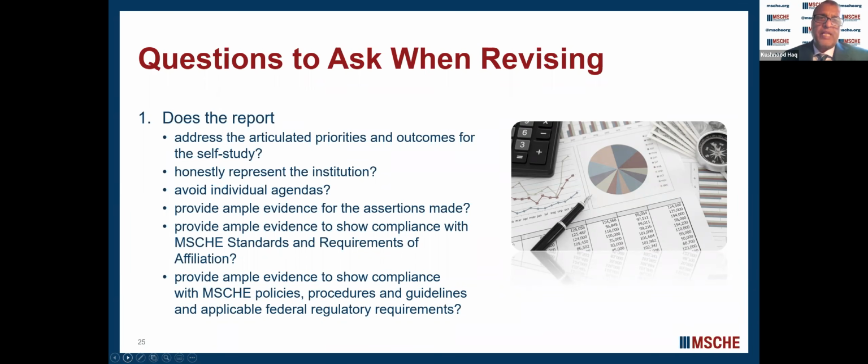It provides ample evidence for the assessment made, the assertions made, and that means that, again, the evidence inventory becomes really important. Yes, you're telling a holistic story through the lens of your own mission in one voice, but then you have to back it up with good evidence.